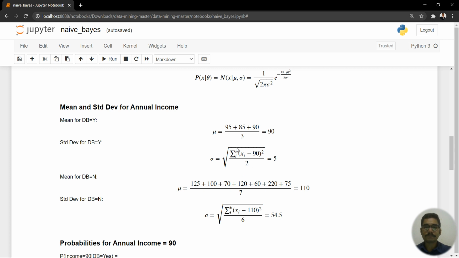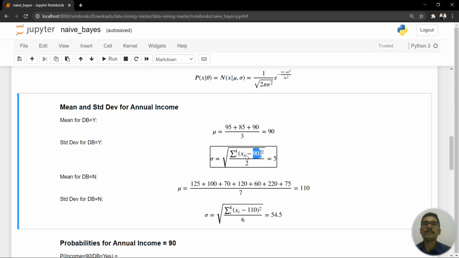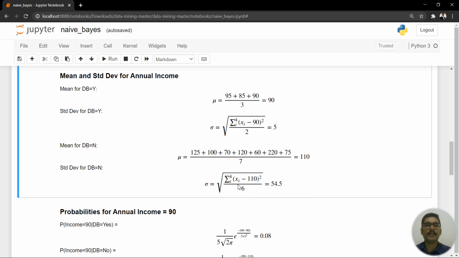When you calculate the standard deviation, in the denominator you will have n minus 1. The n minus 1 is for the unbiased estimate because you are already taking that sample. Similarly here you have 7 samples, but in the standard deviation calculation you have n minus 1, that is 7 minus 1, 6. So these two things you have to keep in mind.